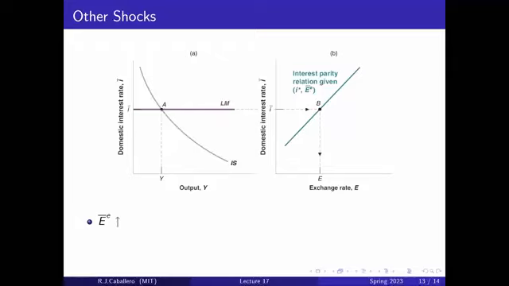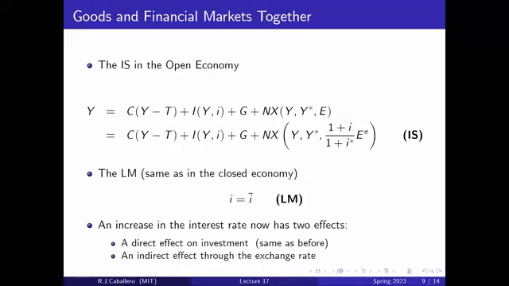If the expected exchange rate goes up, and you don't change monetary policy, that means the current exchange rate will appreciate, that will reduce net exports, and that's a shift in the IS to the left. Okay? This is a parameter. These two things are parameters now in the ISLM diagram.